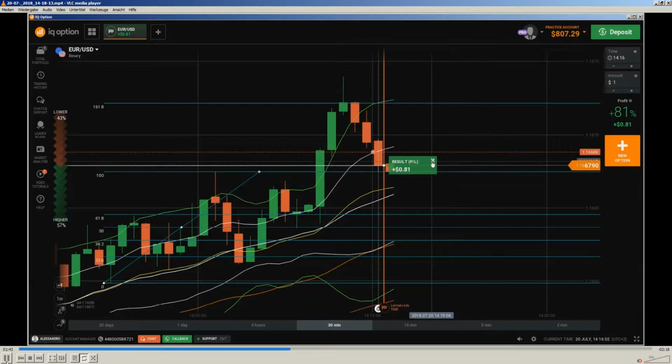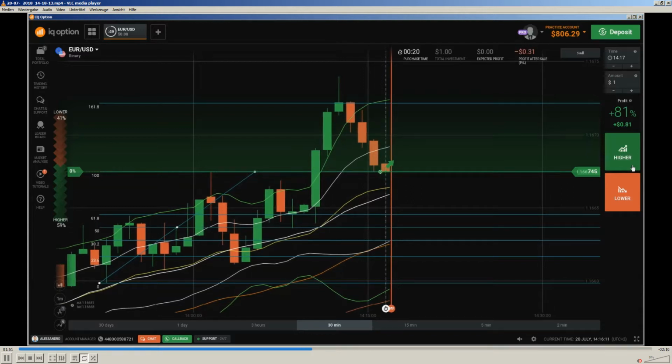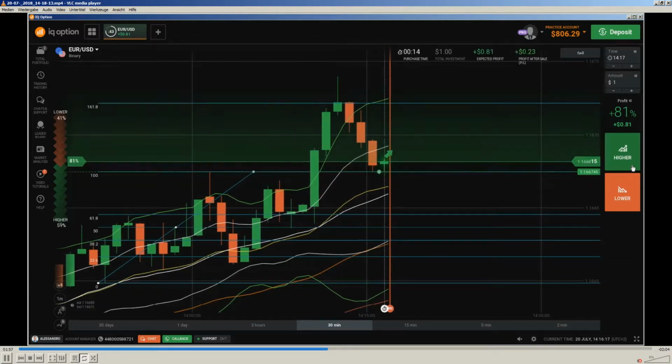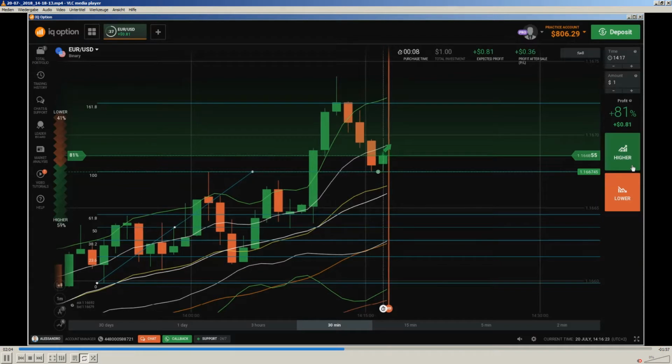Let me continue, and if there is something I have to explain, I will. I entered immediately into a call, without any kind of rejection or anything, because I understood the change of polarity. And you see price is reversing. Important here is that the downtrend was not so strong.